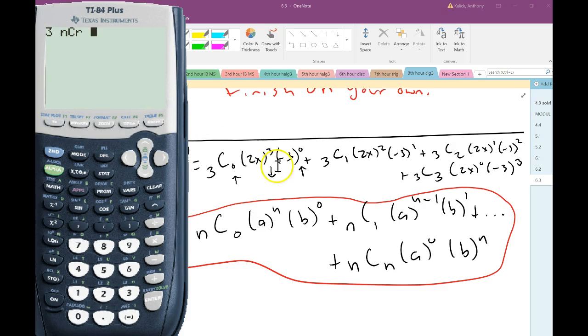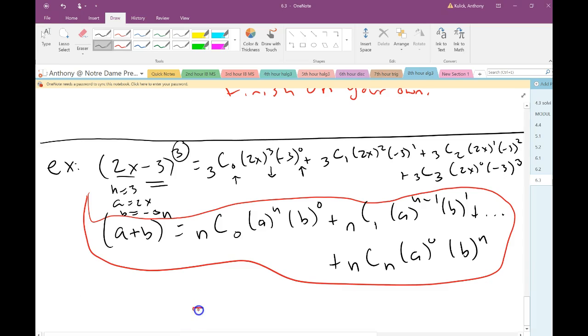So I already have the 3 there. I'll type in 0, and do a times, and then I have a 2 attached to my x. I can't type x's into my calculator, or I would type in 2x, but I can't do that. To the third times, and then I'll do the negative 3 to the 0. If I press enter, that gives me 8.